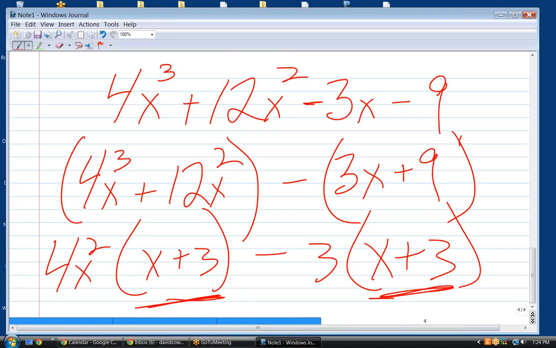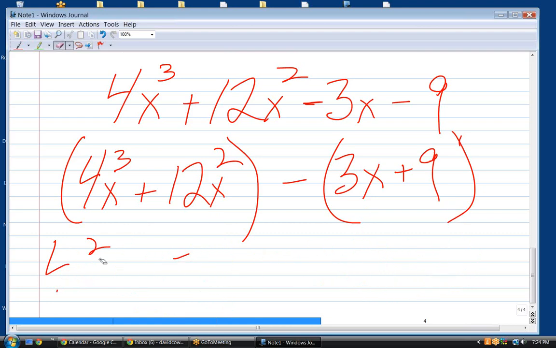If one of them comes up x plus 3 and the other comes up x minus 3, you can't do anything with it. In other words, I wouldn't be able to get past this step. They have to be the same. And in order to get them the same, well, they are the same, but only because I had to play with the sign on the 9.